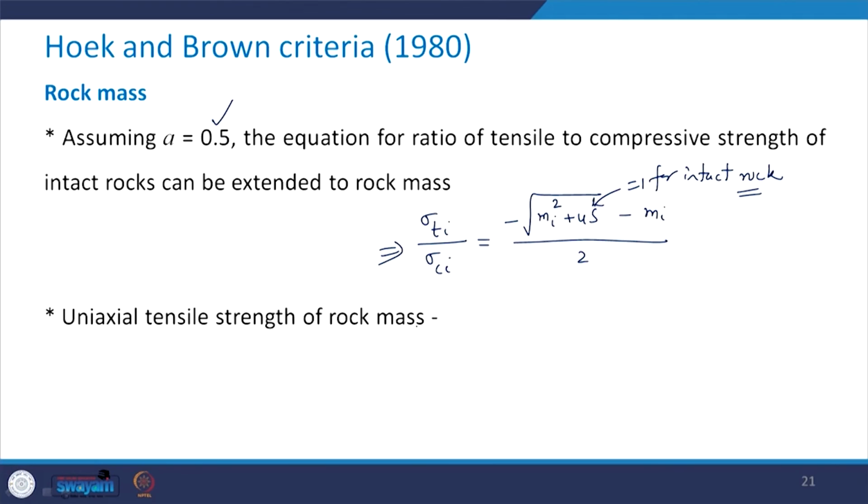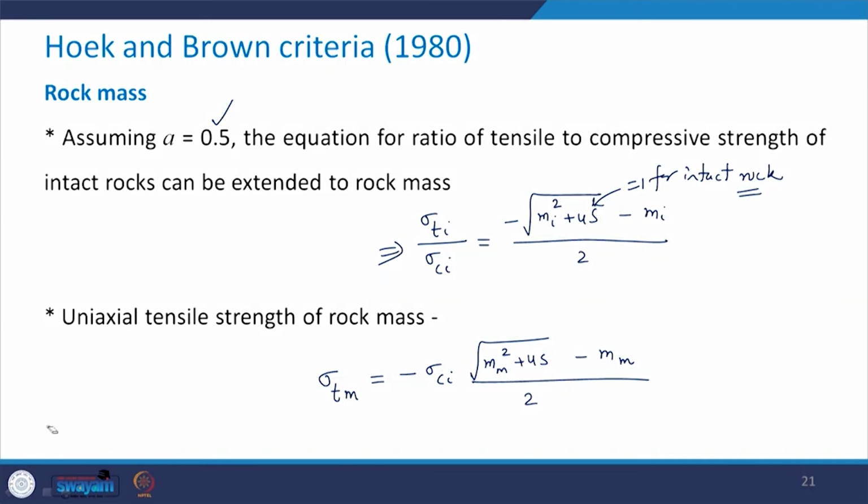So, that is what we are going to get as the uniaxial tensile strength of the rock mass, that I would represent as sigma Tm, that would be minus sigma Ci into (square root of mm square plus 4s, minus mm) divided by 2.